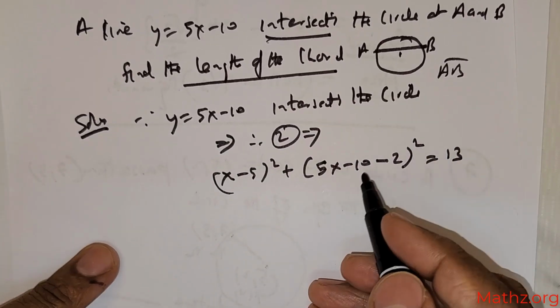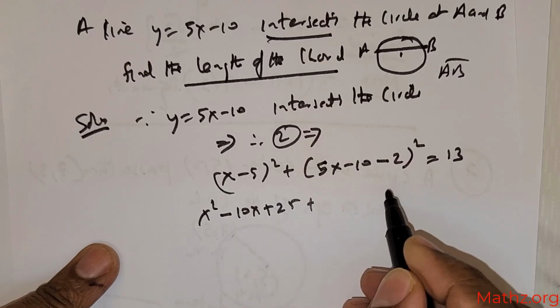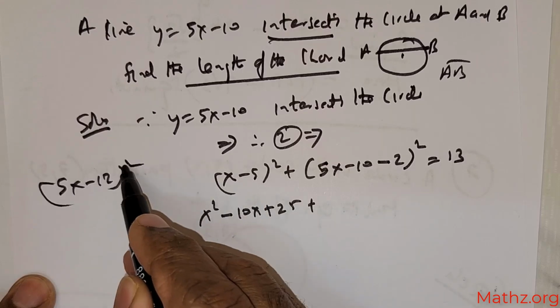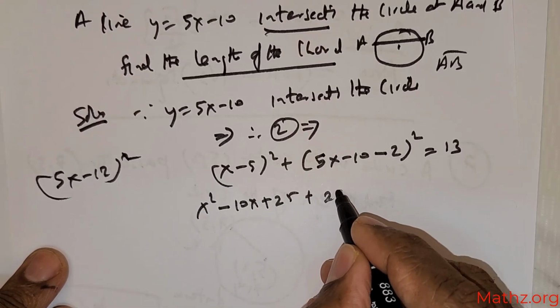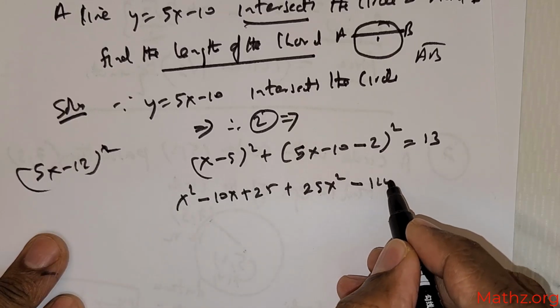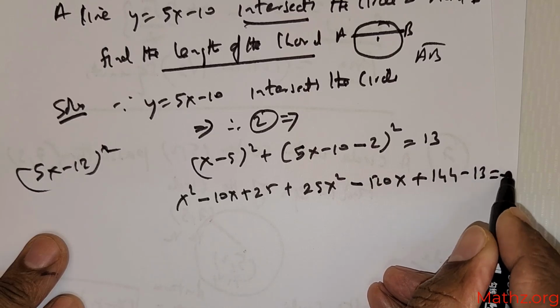Now you simplify and expand this. This is x squared minus 10x plus 25. This is going to be (5x minus 12) the whole squared. So you expand this, you get 25x squared minus 120x plus 144 minus 13 is equal to 0.